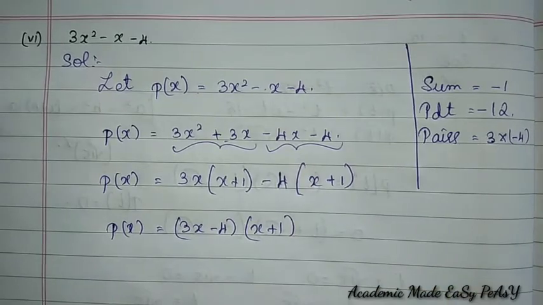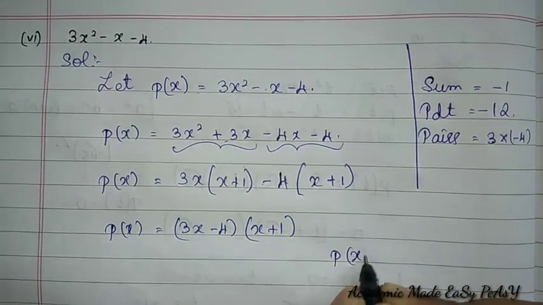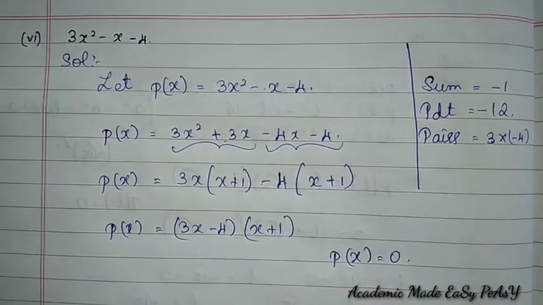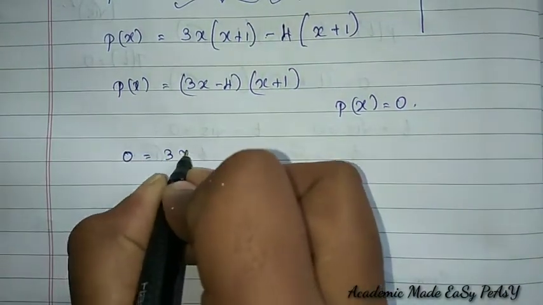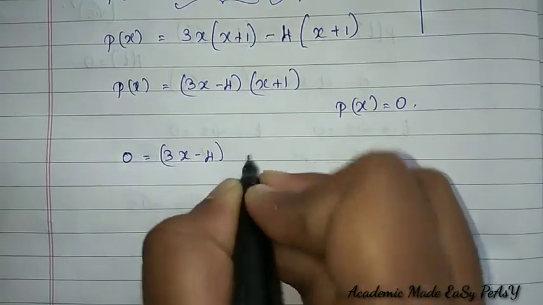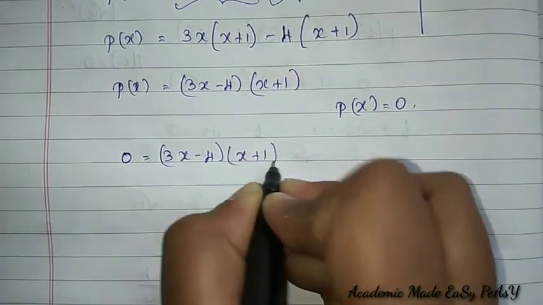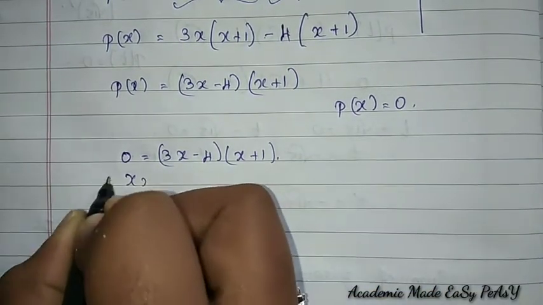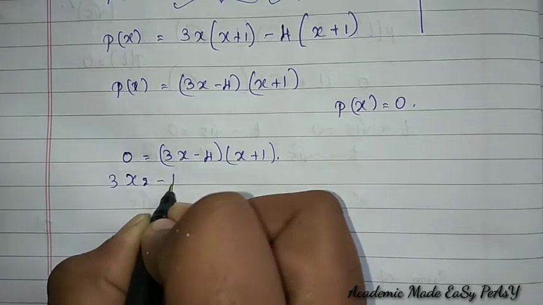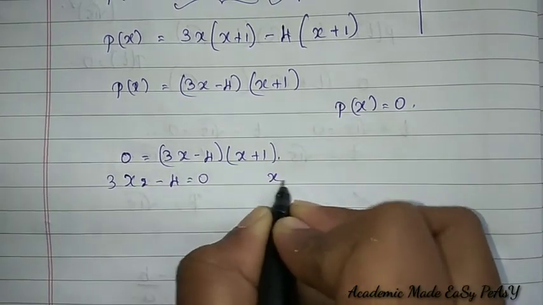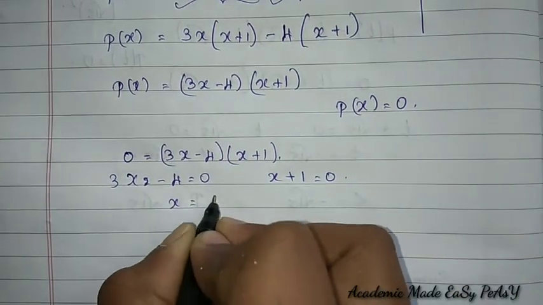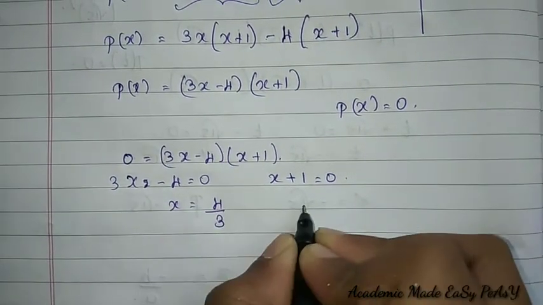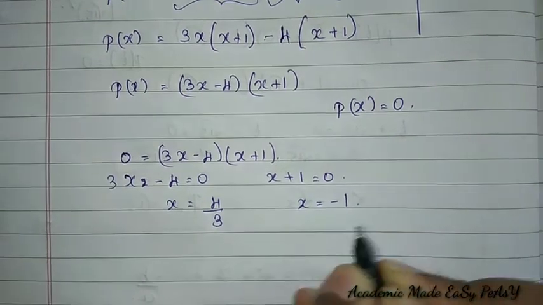Now I will equate p of x equal to 0. So 3x minus 4 is equal to 0, x plus 1 is equal to 0. So x is equal to 4 divided by 3 and x is equal to minus 1.